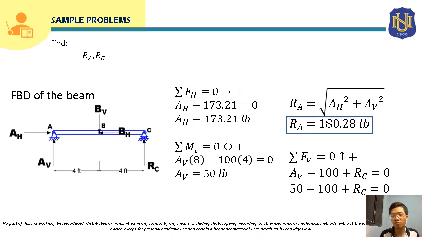So solving for RC, that will just be positive 100, since we will transpose it, minus 50. So that will be 50 pound as well. So RC, or the reaction at C, will just be equal to 50 pounds. So this will now be the answers for this problem. RA is 180.28 pound and RC is 50 pound.